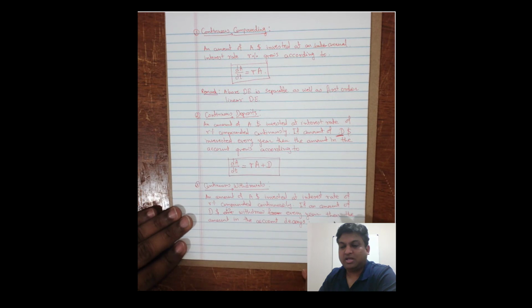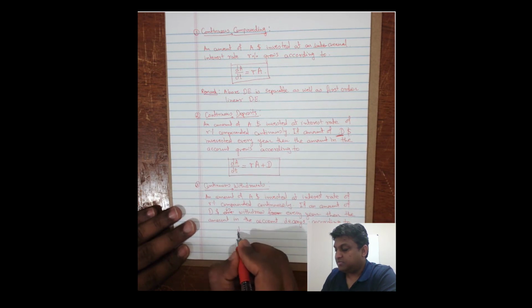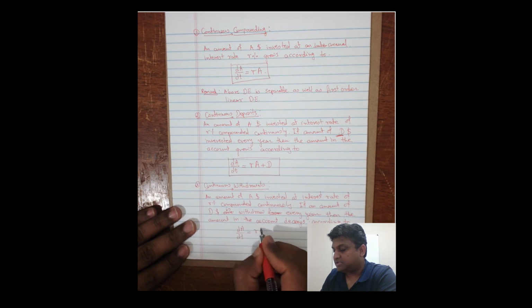It's going to decrease according to this differential equation: dA/dt equals the rate of interest times A minus the continuous withdrawal.